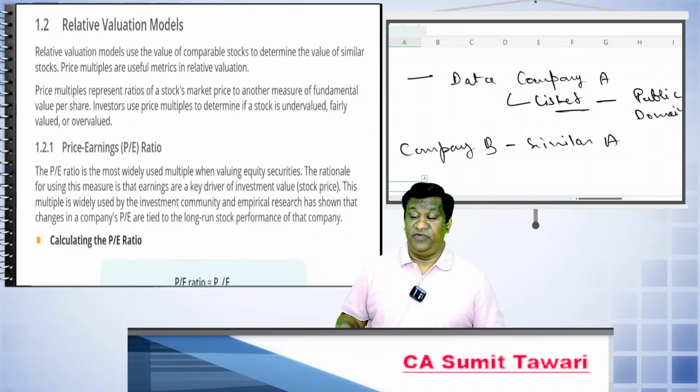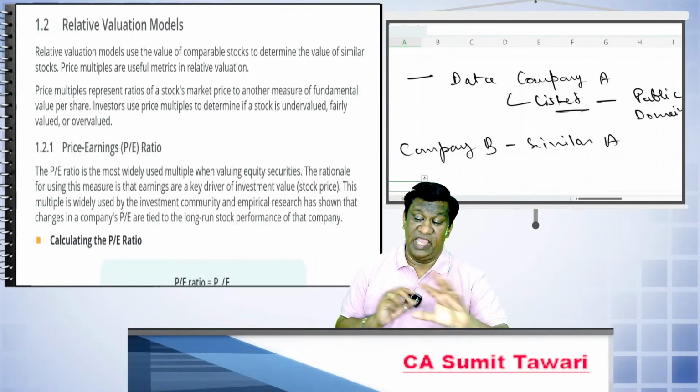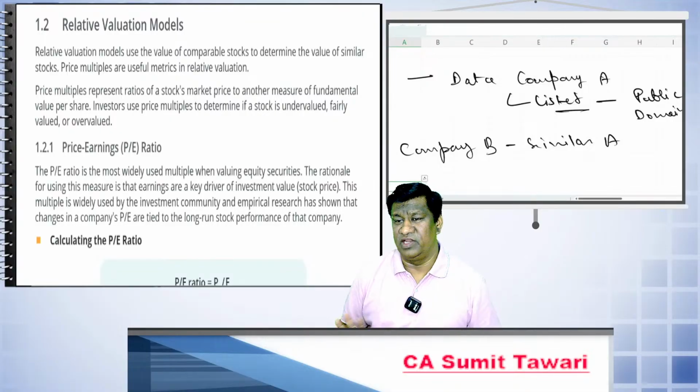Okay, if I don't want to use any formula and I just want to calculate my value of the equity on the basis of company A's value of the equity, so how am I going to do it?